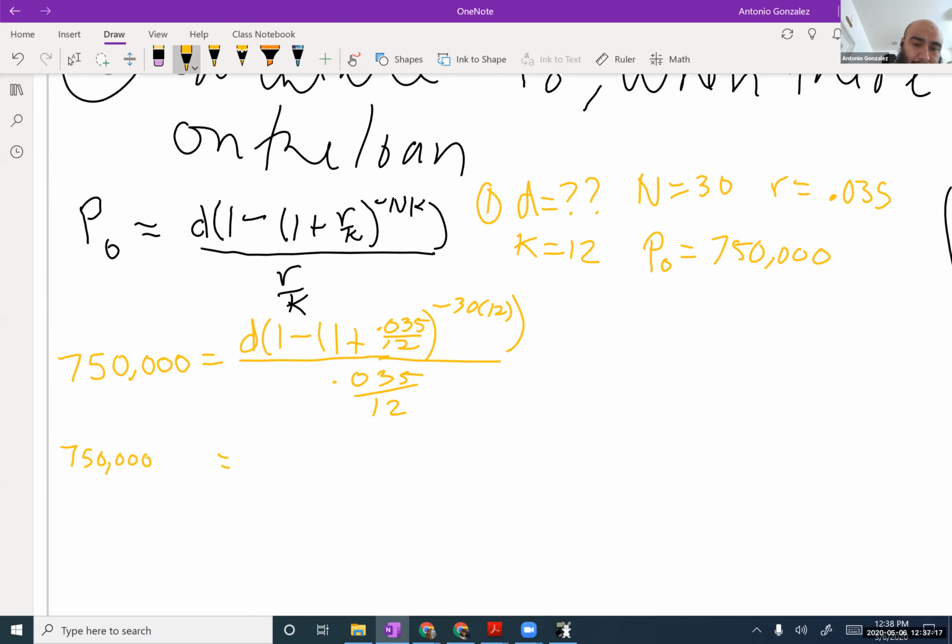I haven't done anything on the left here, so that is still 750,000 times 0.0029. And again, on the bottom, 1 minus, and I'll add 1 to 0.0029. So in my parentheses, I'll get 1.0029. And then negative 30 times 12 is negative 360.